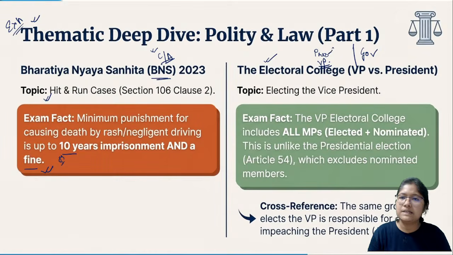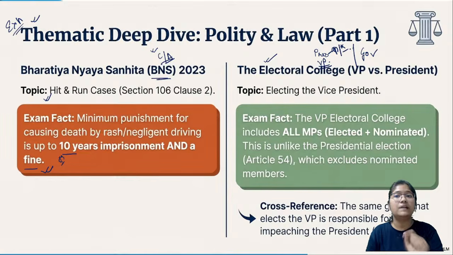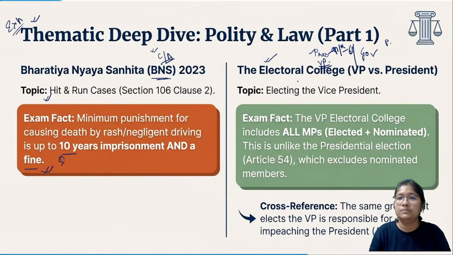Now in the president, how he is appointed we study, but what is the difference if he has to be removed, if there is impeachment under Article 61? In that case, both elected and nominated members of the parliament will participate, right? So like that we see the difference, whereas in the appointment what happens? So wherever these are focused, they can ask a question, and they had asked this basic question about the election of the vice president.